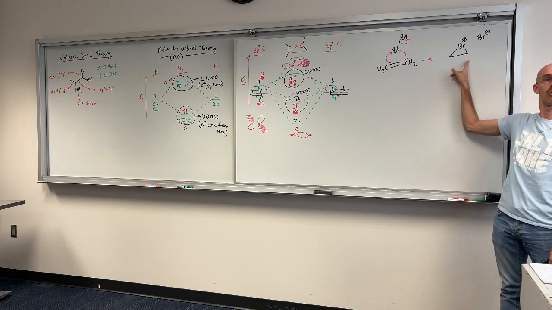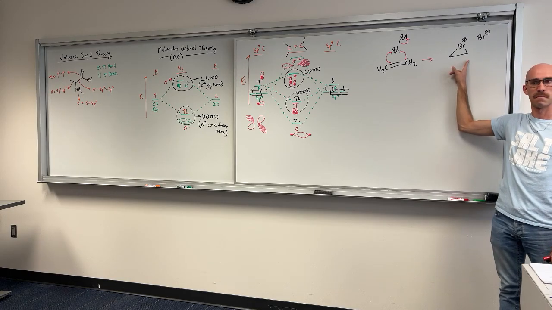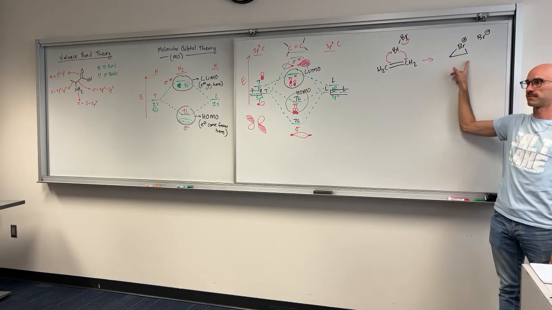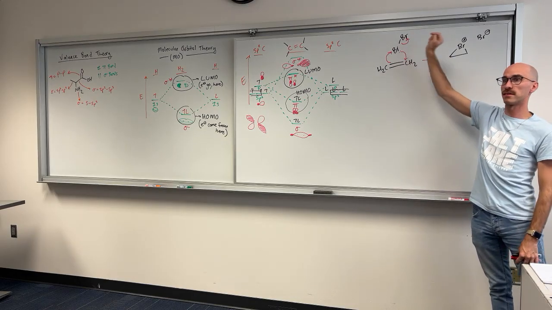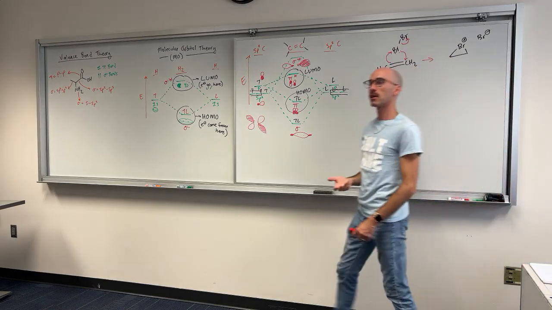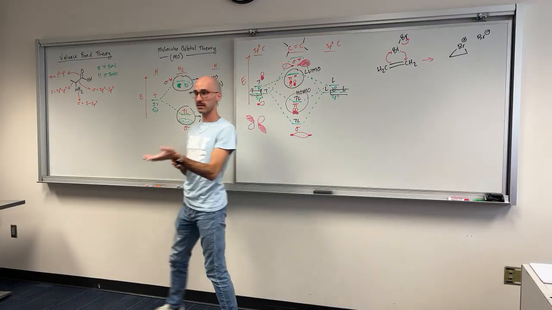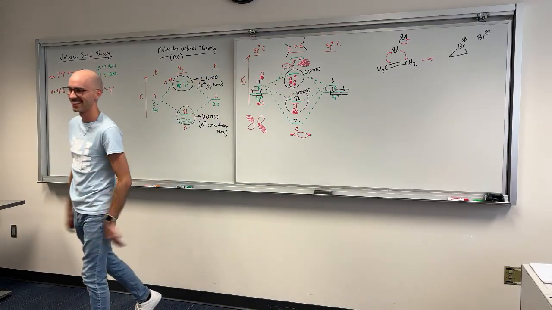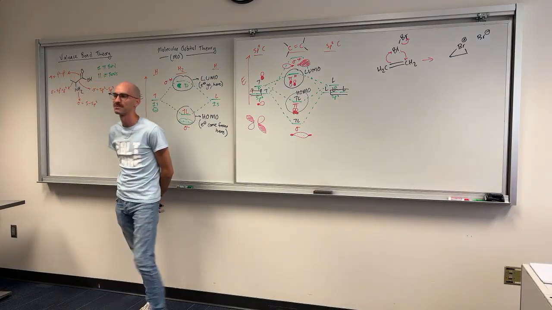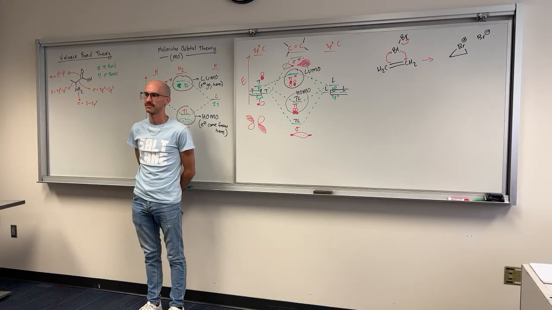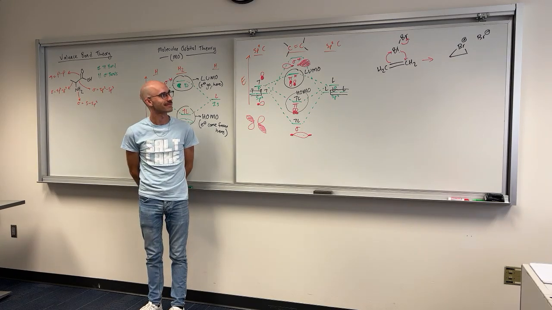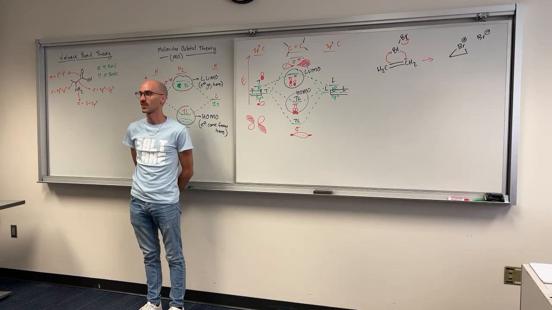Perfect. What else breaks? A bromine-bromine sigma bond breaks. Can you tell me a bond that forms? Sigma bonds between the carbons and the bromine. Good. Two sigma bonds form.